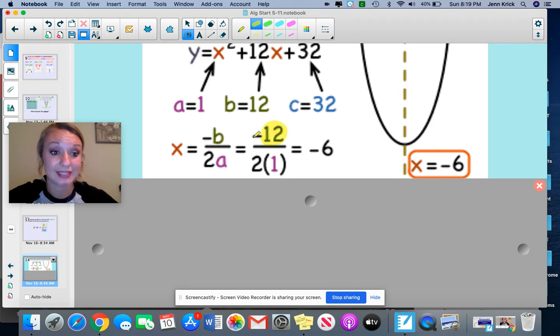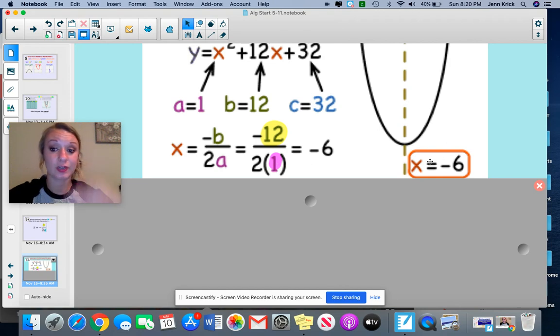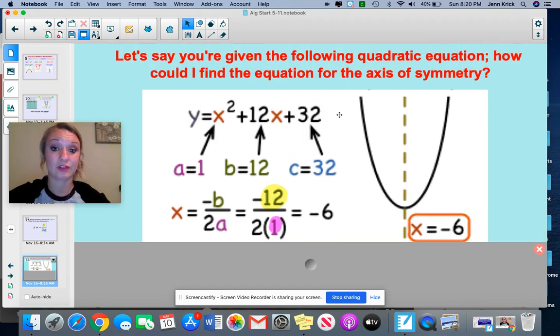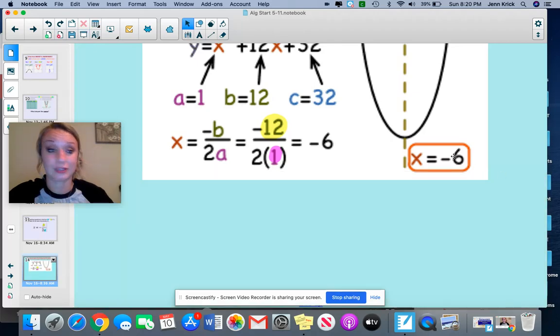Notice that it retains that negative. And then if a equals 1, we know 2 times a will be 2 times 1. Negative 12 divided by 2 is negative 6. That means the equation for my line of symmetry is x equals negative 6. And that's it, you guys. So when you're given a quadratic equation, you can find the equation for the axis of symmetry using the formula x equals negative b over 2a. Okay, and that's what you've got there.